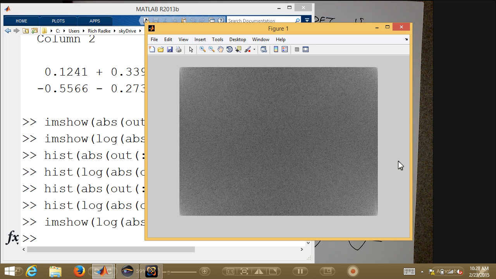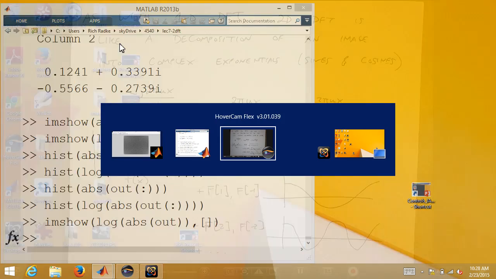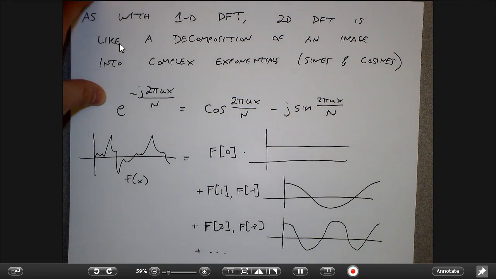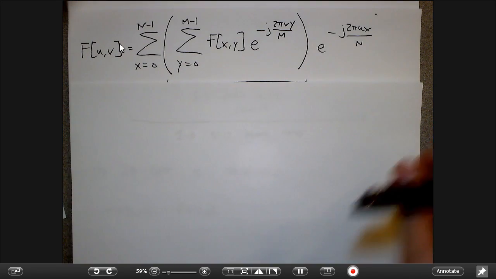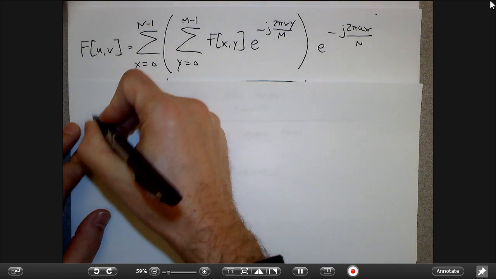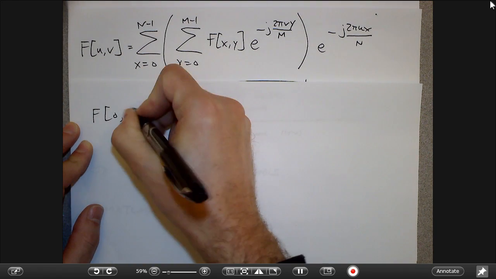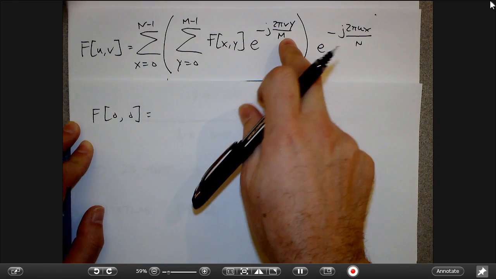Part of the reason it's confusing to look at is the way this works. The upper left-hand corner is DC, right? That's the 0, 0 element of the Fourier transform. If we look back at this formula, what is f of 0, 0?